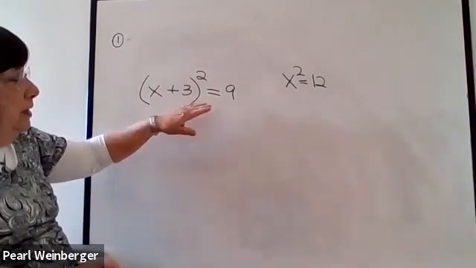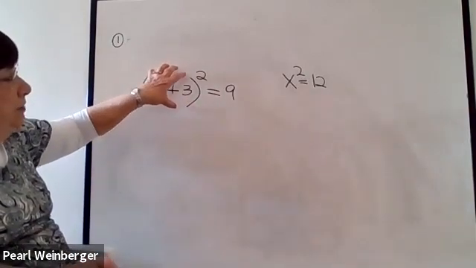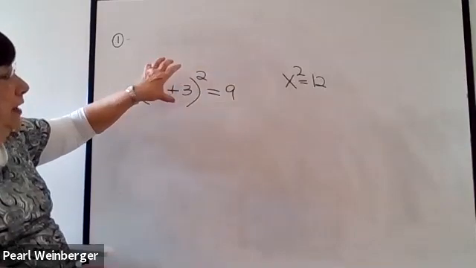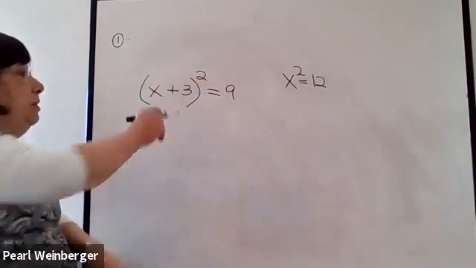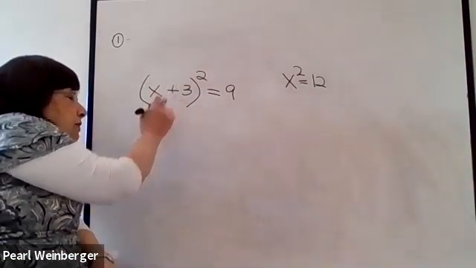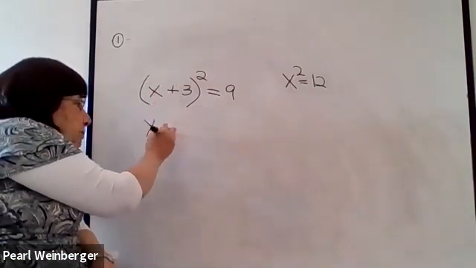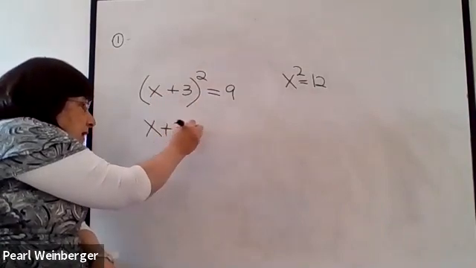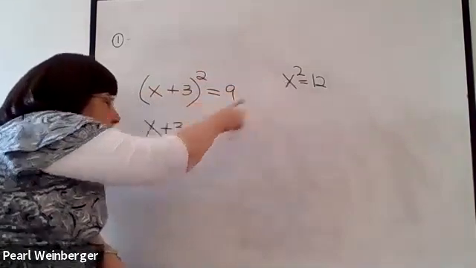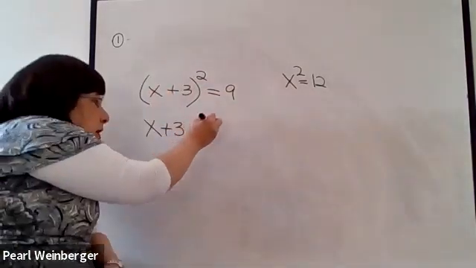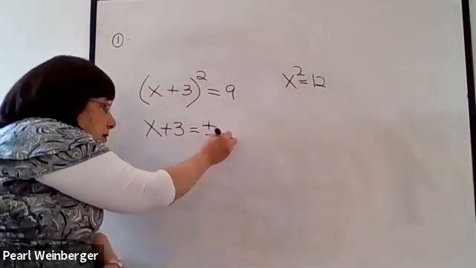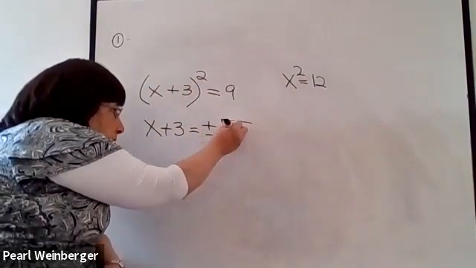Using that same method, instead, I have something squared. I know when I have something squared, I can use the square root method. Taking the square root of this side will leave me just the x plus 3. The side that has the square, you just remove it. But the other side, you have to do plus or minus the square root of 9.